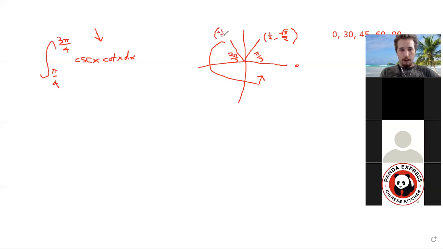You get negative 1/2 and square root of 3 over 2.